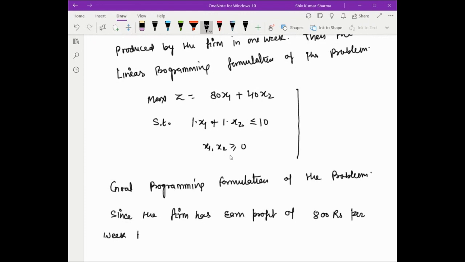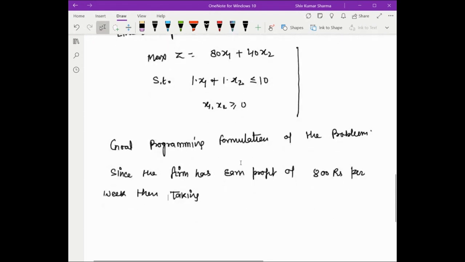Now here we use two other variables for goal programming. The firm sets its target at 800 rupees per week.